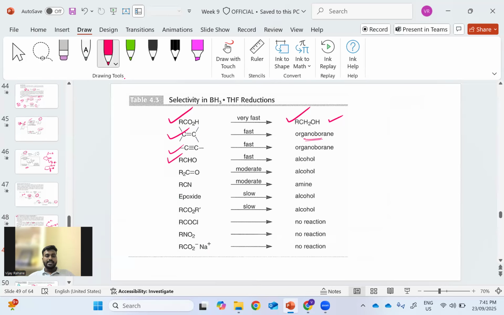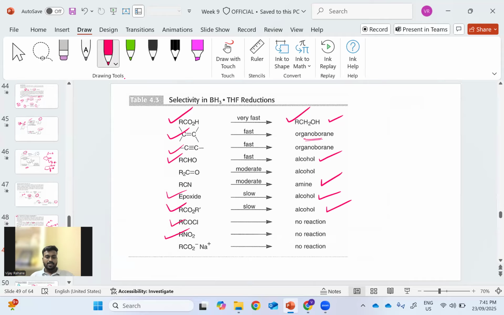When you have the aldehyde, at that time BH3 THF converts aldehyde to the alcohol. Same case with the ketone to the secondary alcohol, amides to the amines, the epoxide to the alcohol, and ester into the alcohol. Acyl chlorides don't react with the BH3 THF.